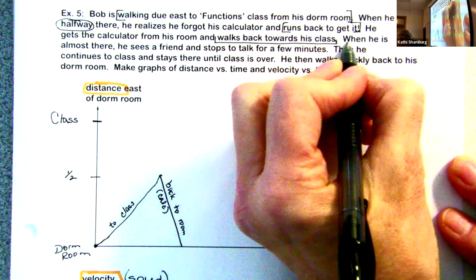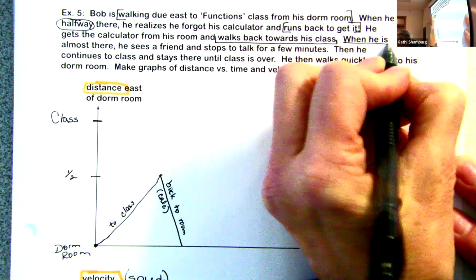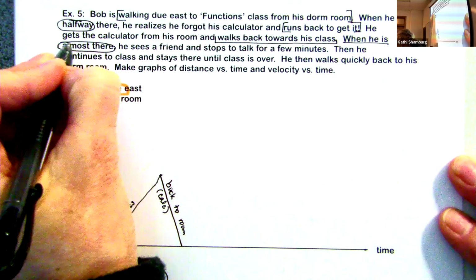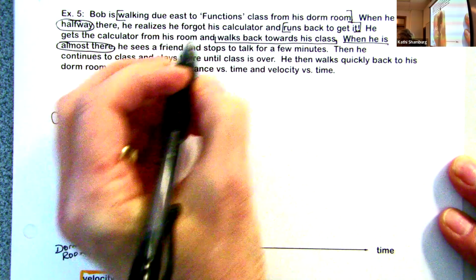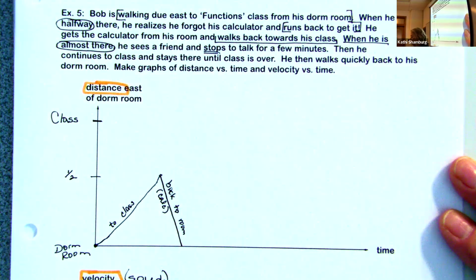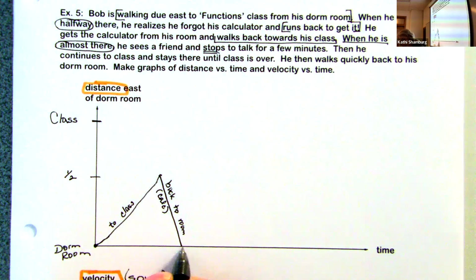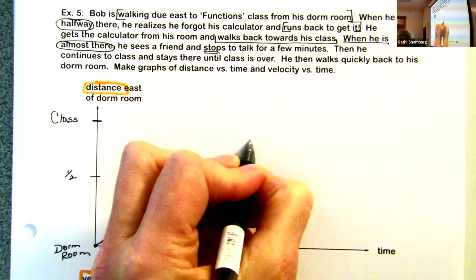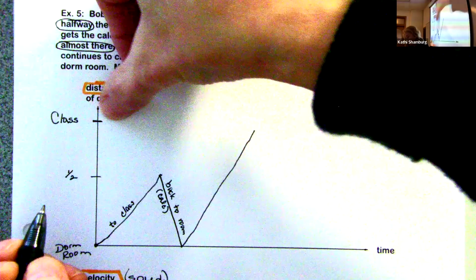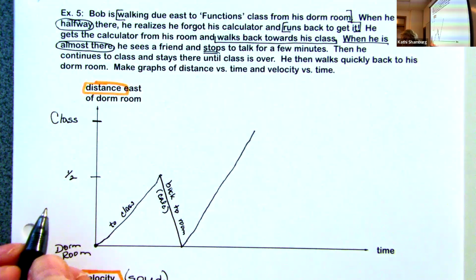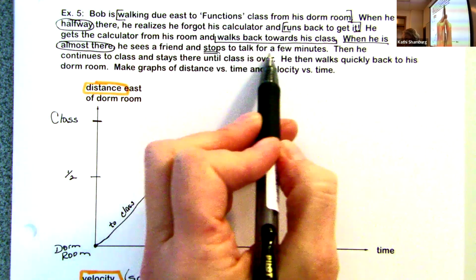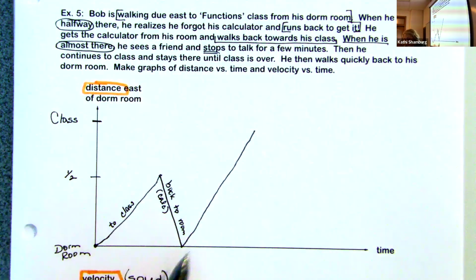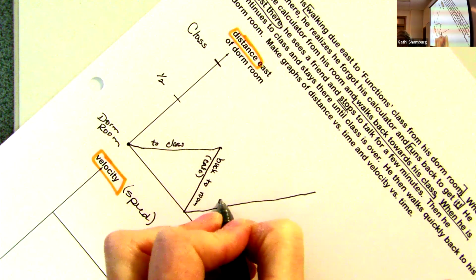And then it says, when he is almost there, he sees a friend and stops. So he's walking back to class. Here's class, so I'm not there, I'm almost there, and he stops to talk for a few minutes.